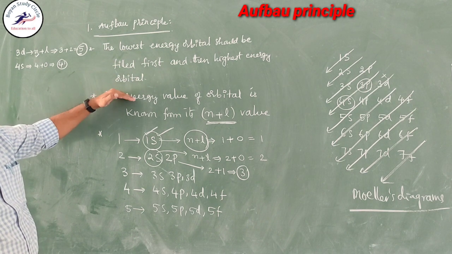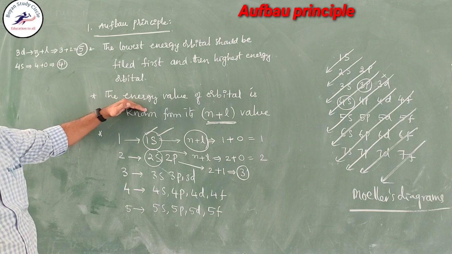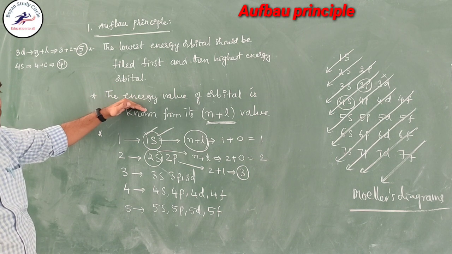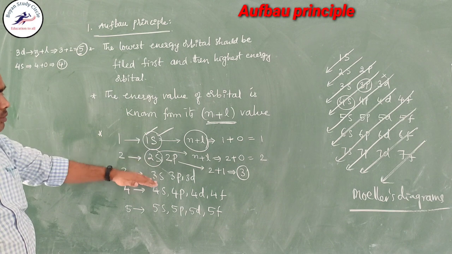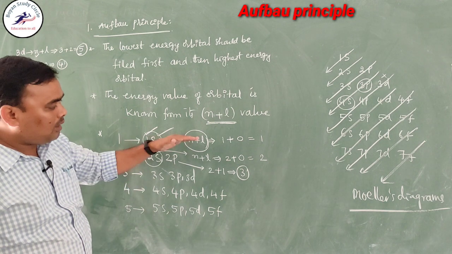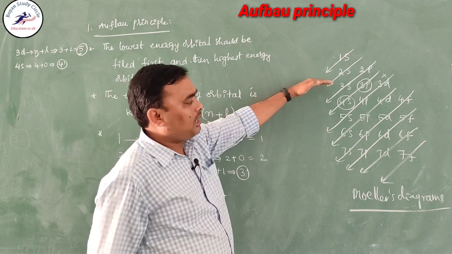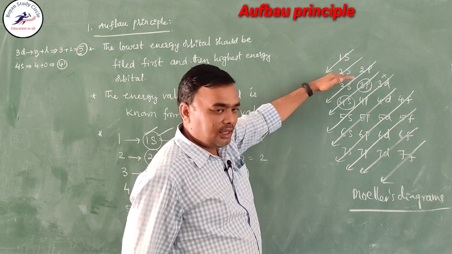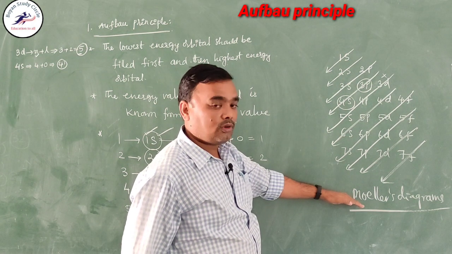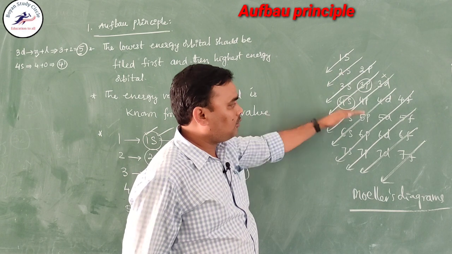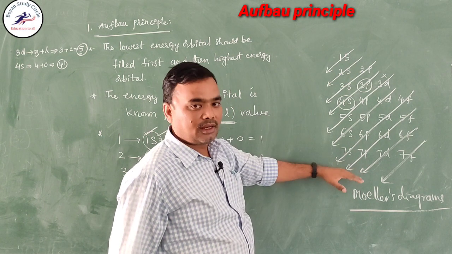So, how to know the energy value? According to the n plus L value of the given orbital, right. So, this is the way to calculate. All the orbitals according to their n plus L value are arranged and shown by the Moeller diagram. So, using it, you can fill the electrons.